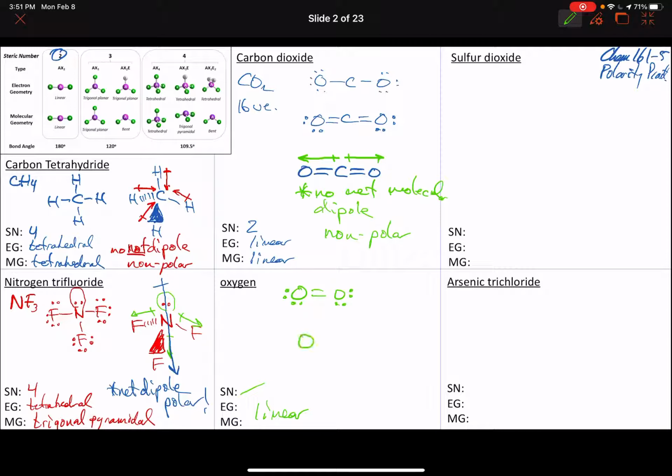In short, to focus now on dipole, because these are equal and opposite on either side of the central point of the double bond, we would expect no reason to draw a net dipole. So this is also going to, as a result, have no net molecular dipole, and therefore this is nonpolar.